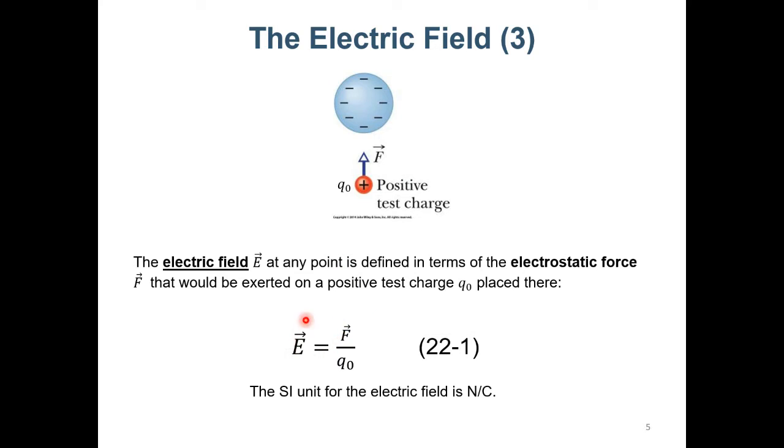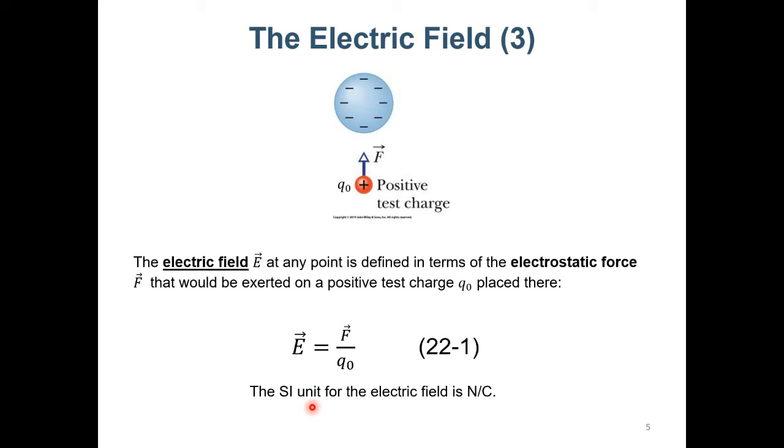So it turns out the E field generated by this charge is not influenced by this test charge. So we call it the test charge. No matter how large it is, or whether it is a positive or negative charge, this E field generated by this charge only depends on it.